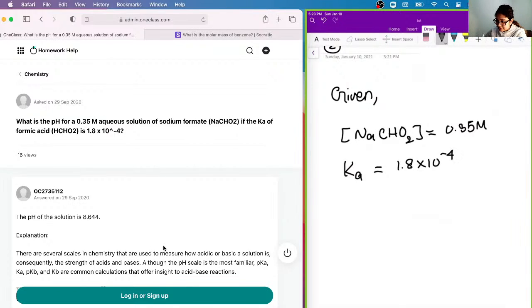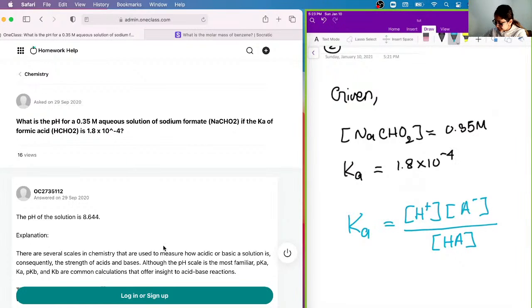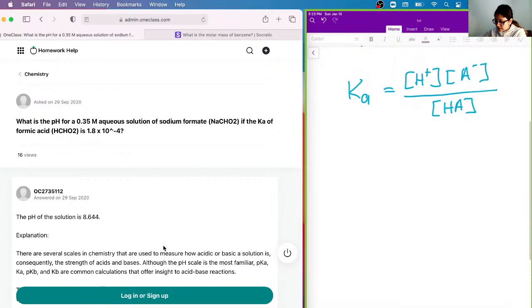Ka is expressed as the concentration of your H plus ions and your conjugate base, over the reactant for your acid. The concentration of hydrogen and the concentration of A minus are the dissociated ions.